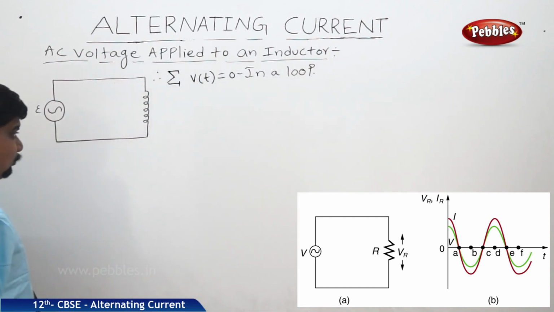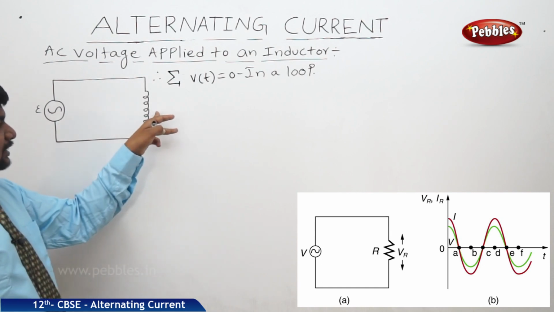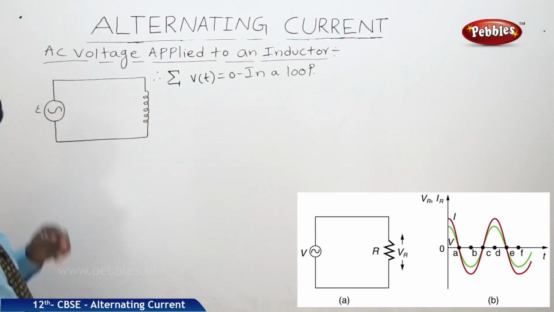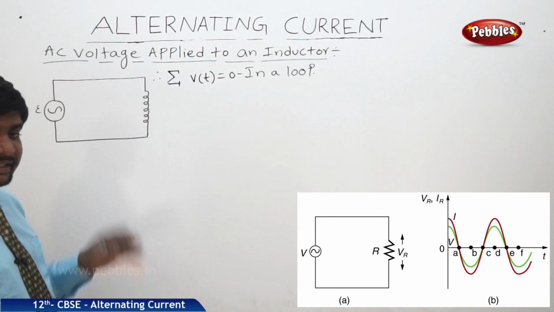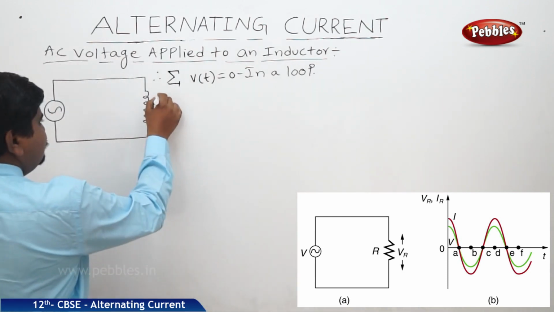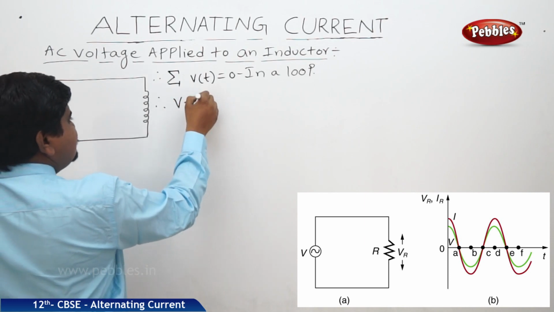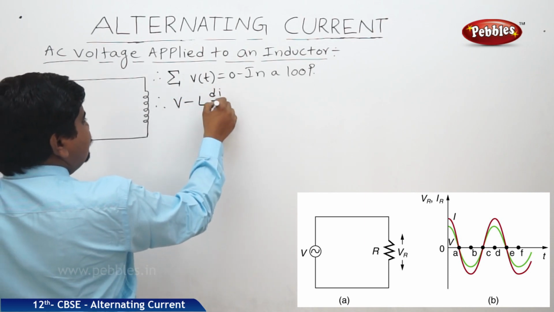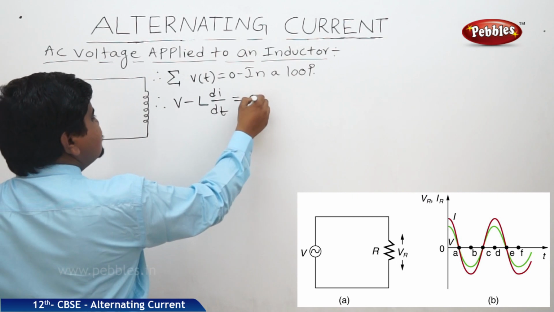But what we can understand is, this is the inductor, this is the AC voltage. Through an inductor, the potential drop will be L into di by dt. Therefore, applied voltage minus the potential drop across the inductor is 0.